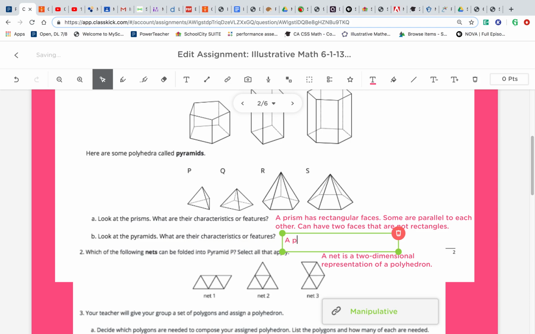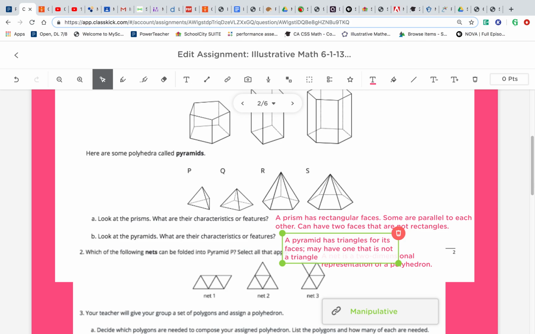Okay, a pyramid has triangles for its faces, may have one that is not a triangle.